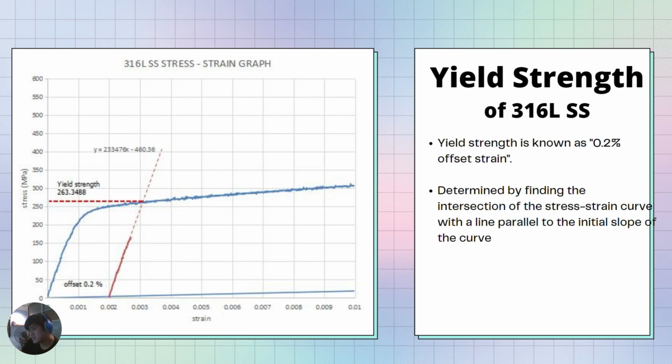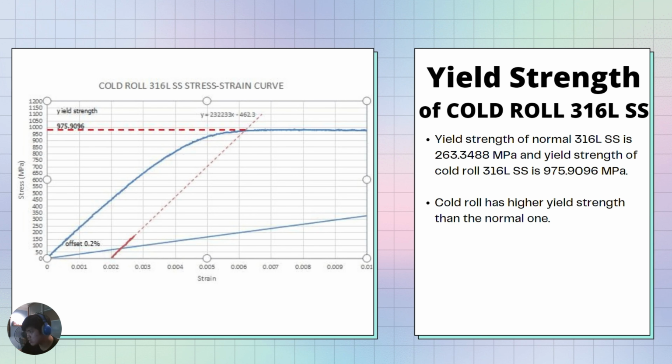Basically, yield strength is known as 0.2% offset strain. The yield strength at 0.2% offset is determined by finding the intersection of the stress strain curve with a line parallel to the initial slope of the curve and which intersects the 0.2%. For the cold roll 316L SS stress strain curve, you can see that the yield strength is higher than the normal 316L SS.